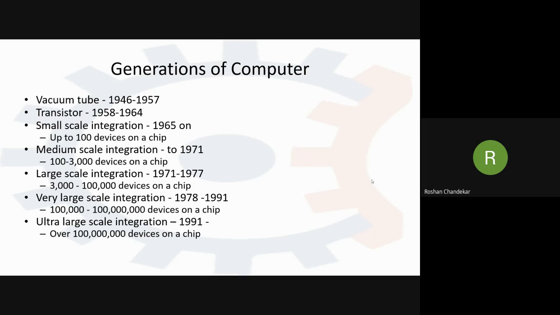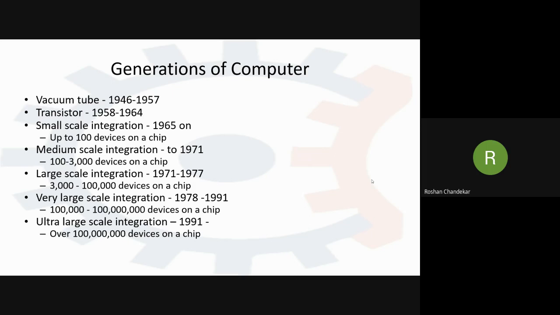From 1965 to the 1970s, small scale integration, up to 100 devices on a chip, was used to build the CPU. From 1971 onwards, medium scale integration had 100 to 3000 devices on a chip.